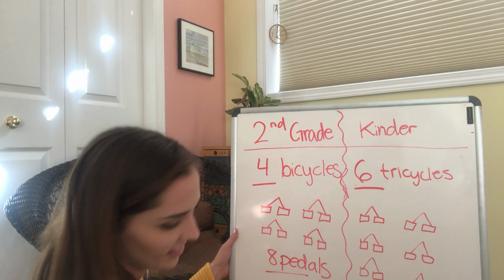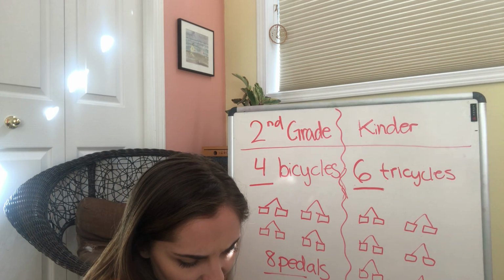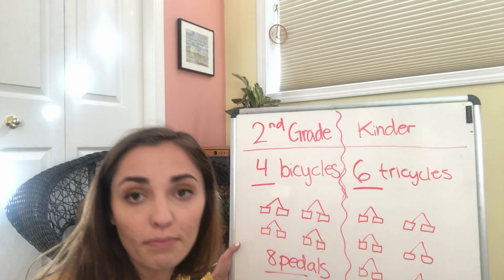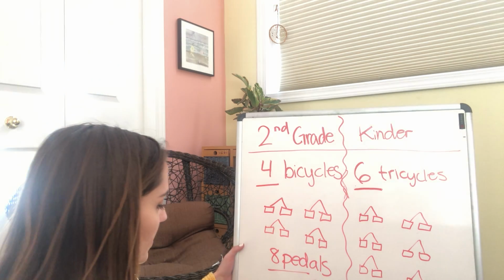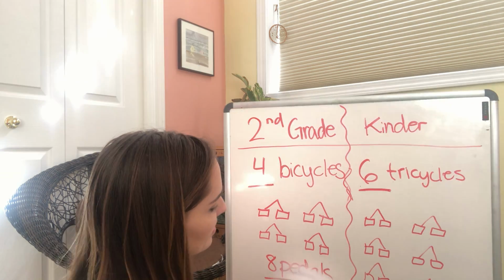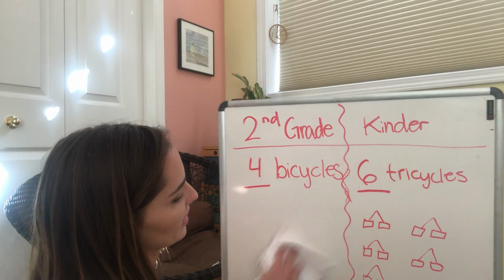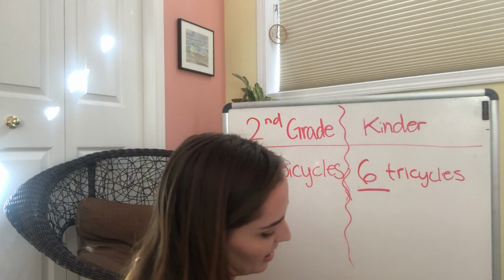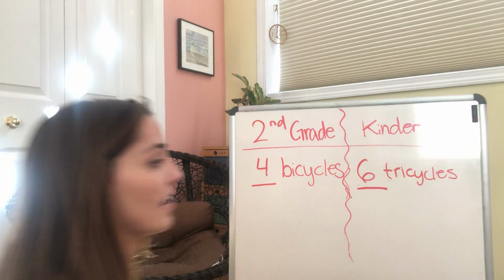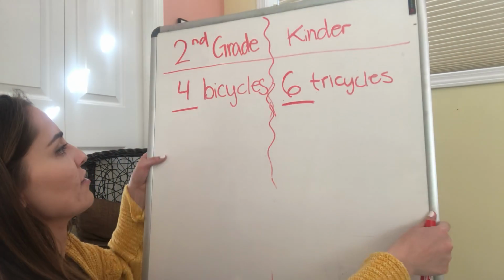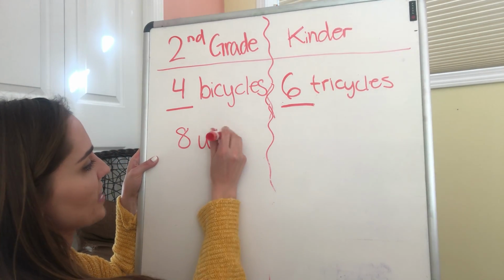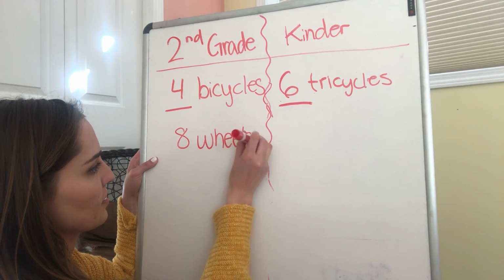Okay, there we go. And now it's asking us how many more tricycle tires than bicycle tires. Ooh, okay, so we gotta go back to our wheels from before. And since I erased it, I'm not gonna draw it all back again. You guys already have it written down, hopefully. But I remember that we had 8 wheels here, or tires, you can call it tires also.